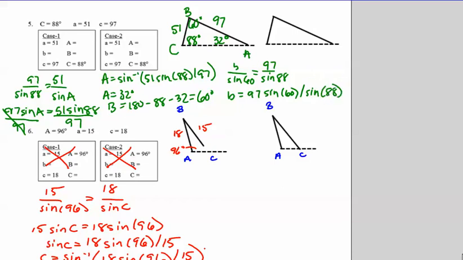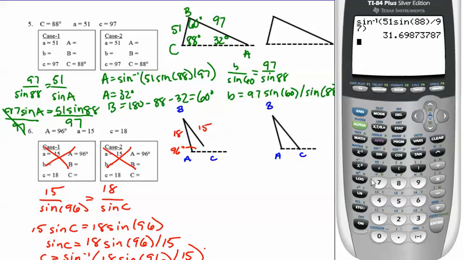And let's type that in. Okay, and we get that B is about 84.1 if you round the 0 up here.